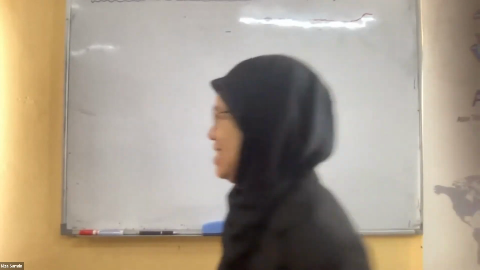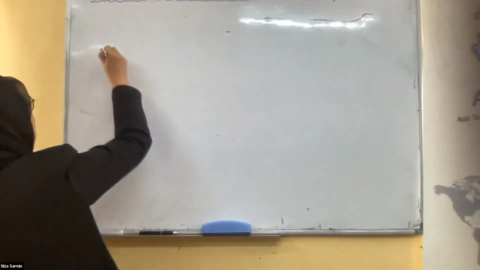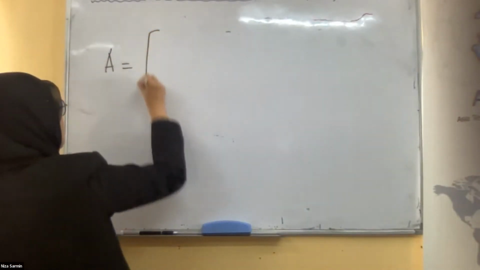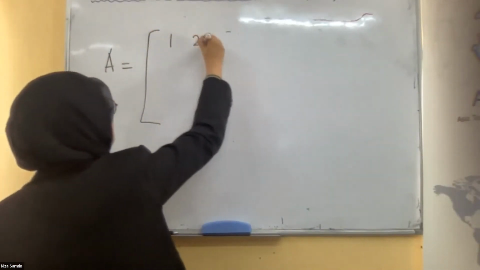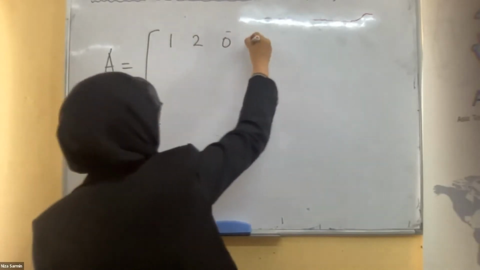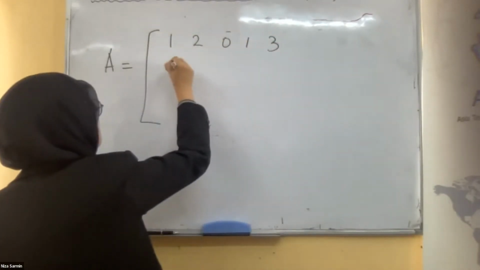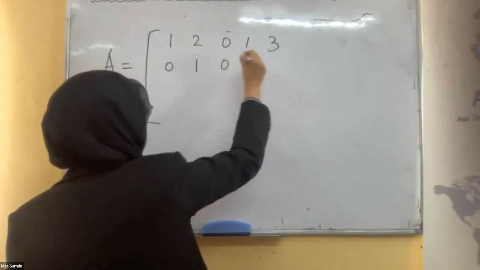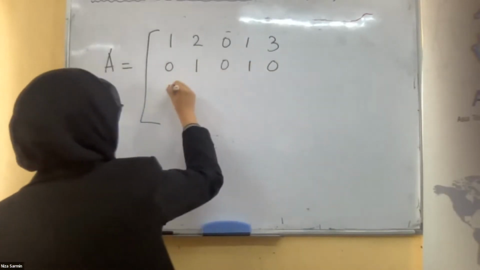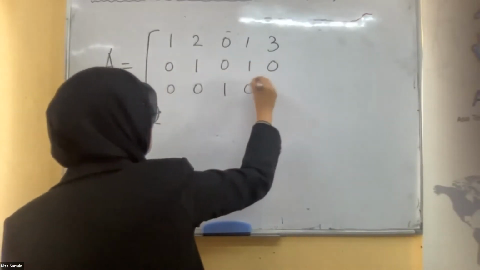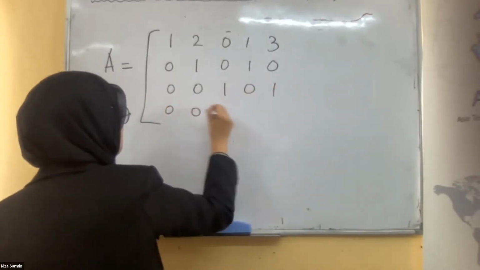A equals 1, 2, 0, 1, 3, 0, 1, 0, 0, 0, 0, 1, 0.